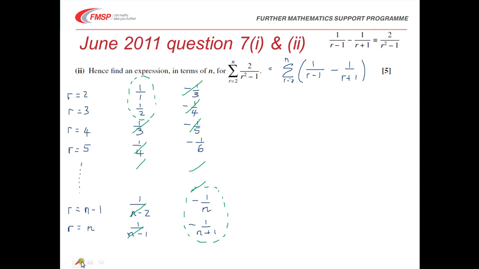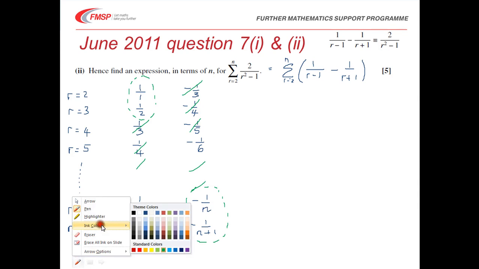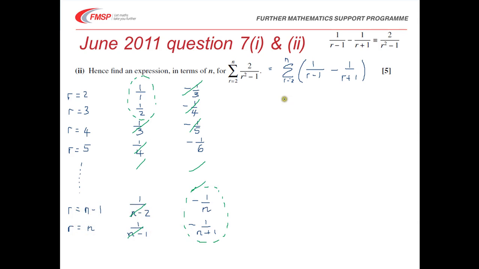And so what we want now is the sum. So our sum of 2 over r squared minus 1 from r equals 2 to n is then going to be, you've got 1 plus a half, and then you've got a minus 1 over n and another minus 1 over n plus 1.